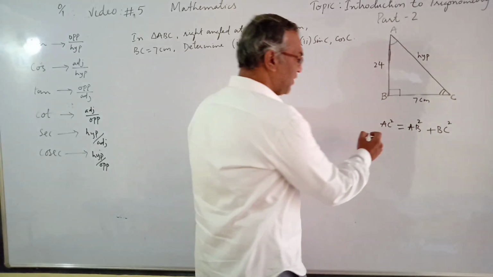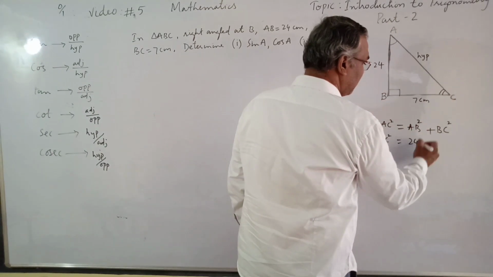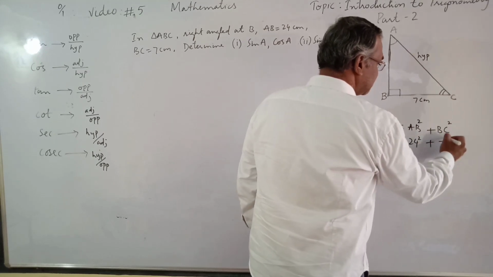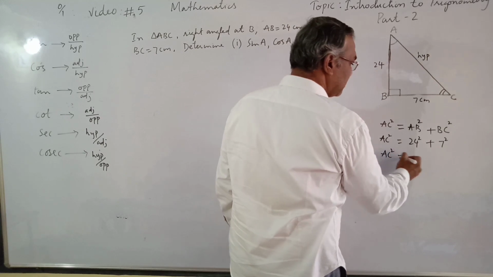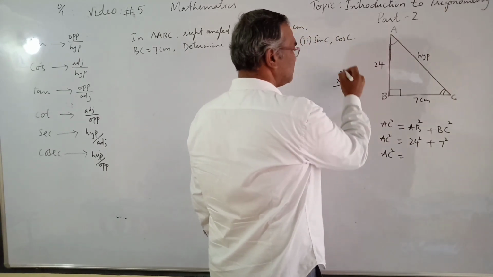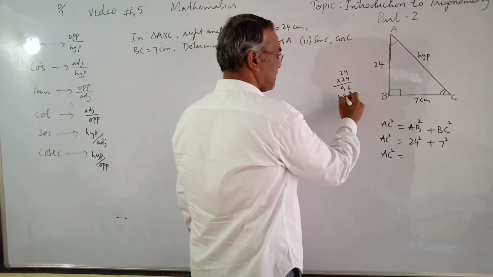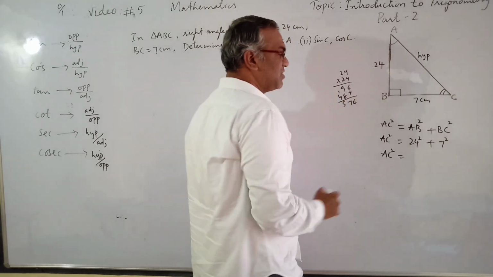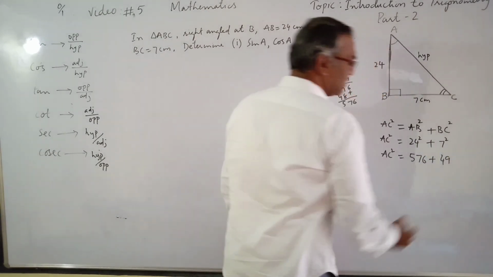Right? Now, to find AC, AC square is equal to AB, which is 24, square plus BC, which is 7, square. So AC square is equal to 24 square, which is 576, and 7 square is 49.